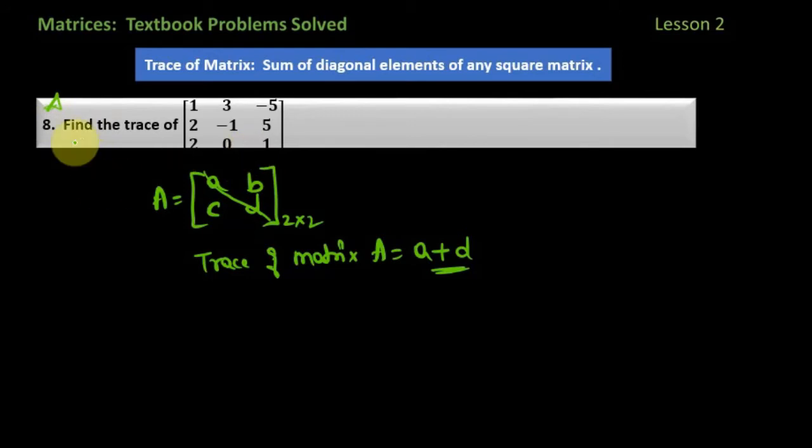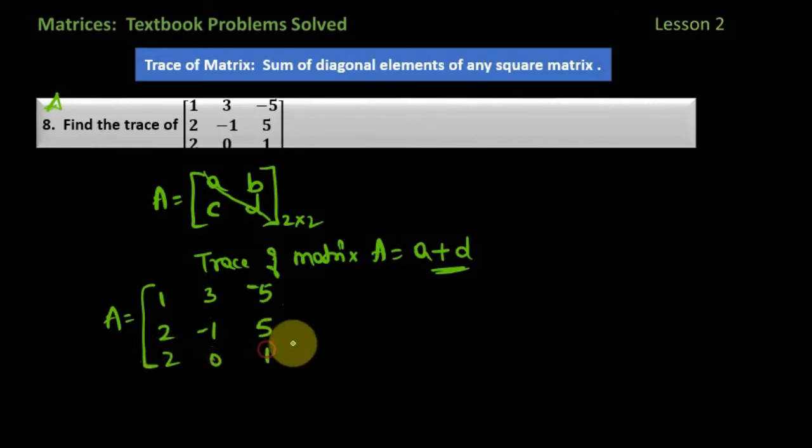Right? So here he gave, find the trace of this matrix. See, what is the given matrix here? We'll name it. Let this be A. Now we'll write all the elements of that matrix. 1, 3, minus 5, and then comes 2, minus 1, 5, last 2, 0, 1. Now what is the trace of matrix A?